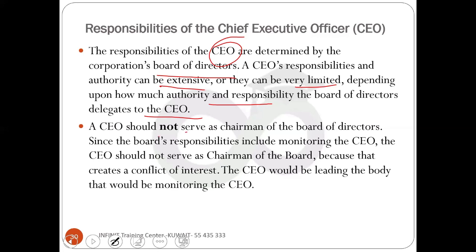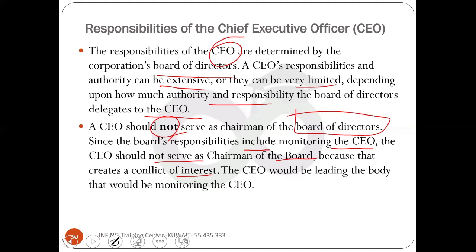A CEO should not serve as chairman of the board of directors. CEO is actually handling the management, so he should not be a part of board of directors, and he should not serve as chairman of board of directors. Since the board's responsibilities include monitoring, the CEO should not serve as the chairman of the board because that creates conflicts of interest.